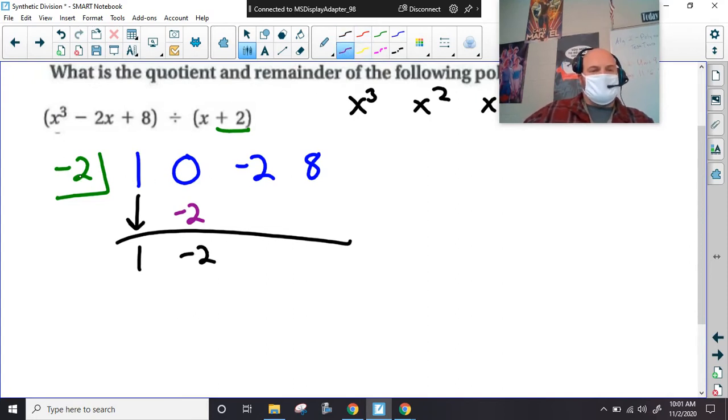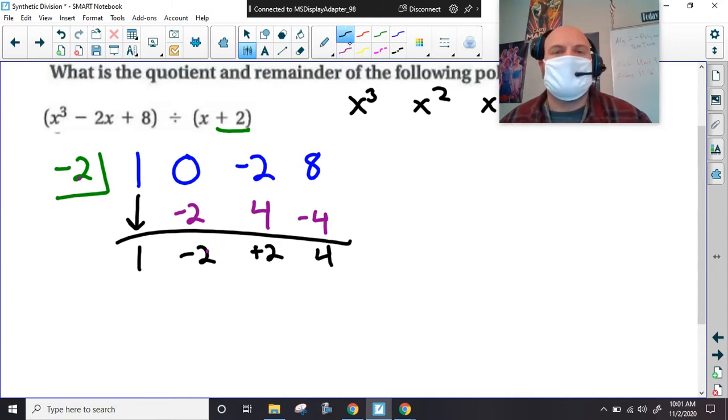So then we say negative 2 times negative 2 is 4. Okay. And then negative 2 plus 4 is negative 2. Oh, not negative 2, positive 2. And then negative 2 times positive 2, negative 4. And we get 4 here.